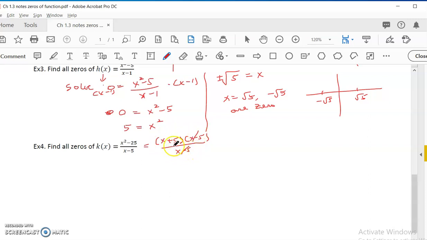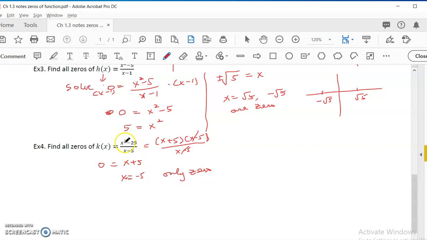So if you just solve the top, you would end up having an extra 0, which is not correct. So after you cancel it, then you say, okay, 0 is equal to x plus 5, x is equal to negative 5, and that is the answer, the only zero.